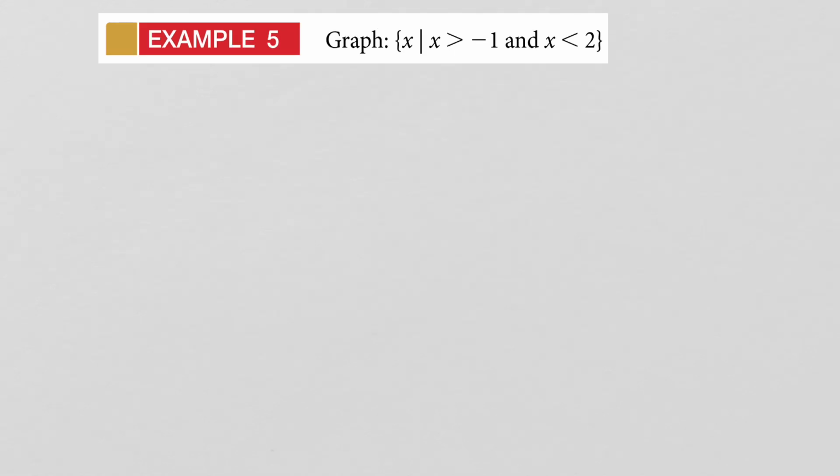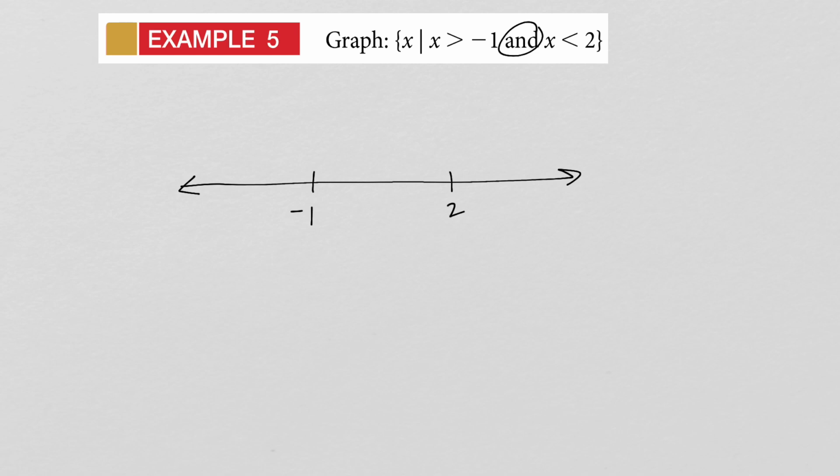In our next example, we want to graph the set of numbers x such that x is greater than negative 1 and x is less than 2. So for this, I'm going to take a slightly different approach because I have the word and in there. So first of all, here's -1 on the number line, and here is +2 on the number line. I'm going to sketch a graph of x is greater than -1 above the number line.